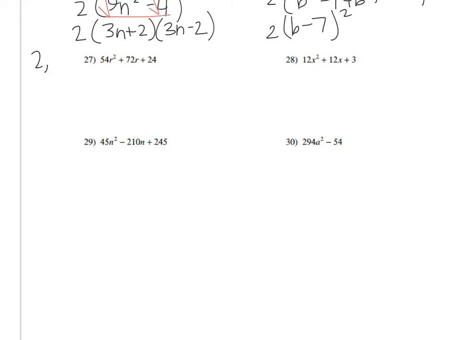I know I can divide them all by 3 because 54 is divisible by 3, 5 plus 4 is 9; 72 is divisible by 3, 7 plus 2 is 9; and 24 is divisible by 3. If you can divide a number by 2 and 3, it's automatically divisible by 6. So I know 6 has to be the highest number. It's not 12 because 54 doesn't go into 12. So I'm going to factor out a 6.